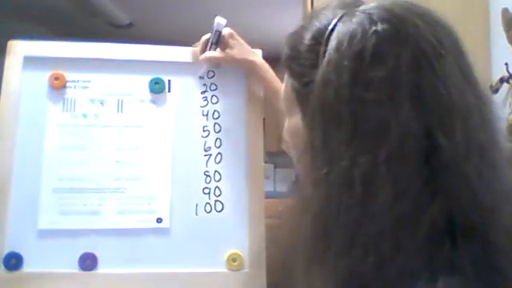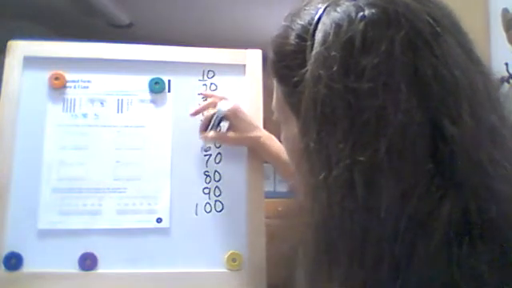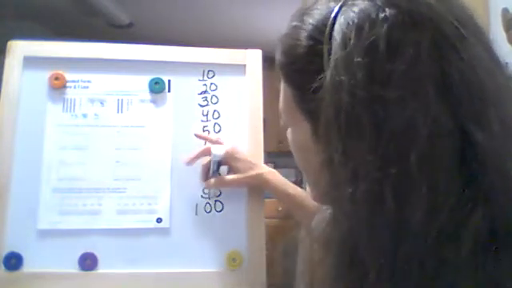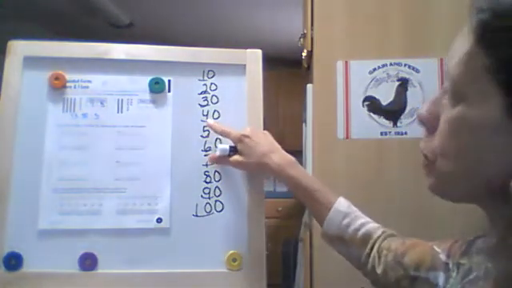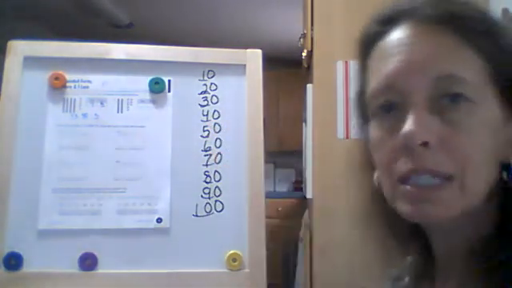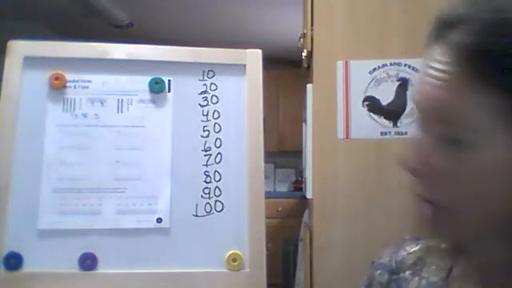Count with me, ladies. 50, 60, 70, 80, 90, and 100. Okay? This one would have 1 stick, 2 sticks, basically it's saying we have 4 sticks and 0 spots. That's how you would read that, okay?